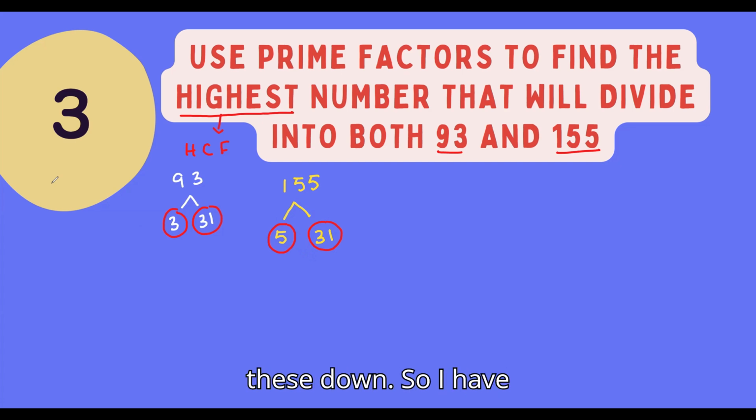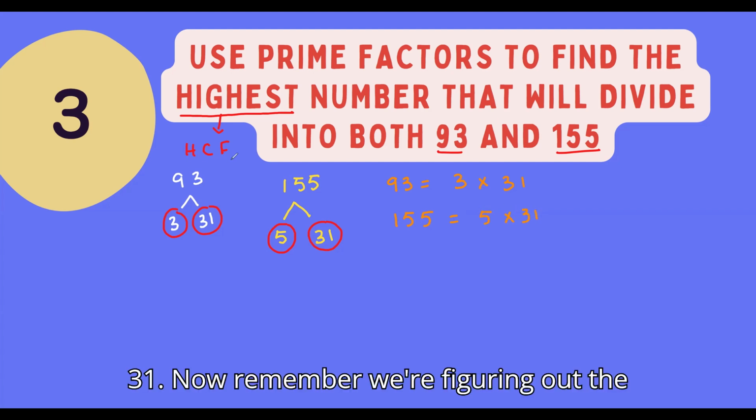Now I'm going to write these down. So I have 93 is equal to 3 times 31, and then 155 is equal to 5 times 31.